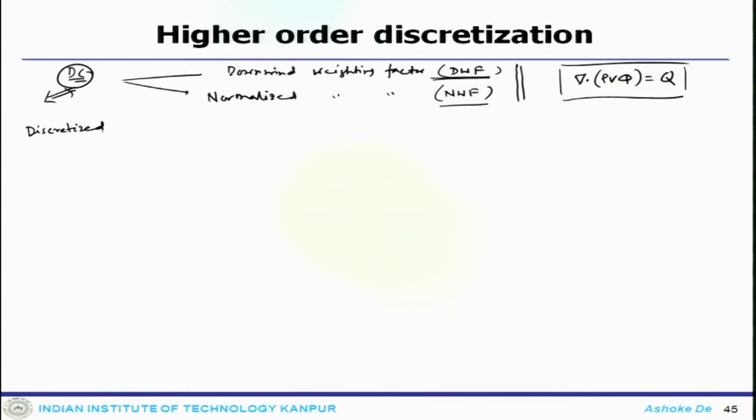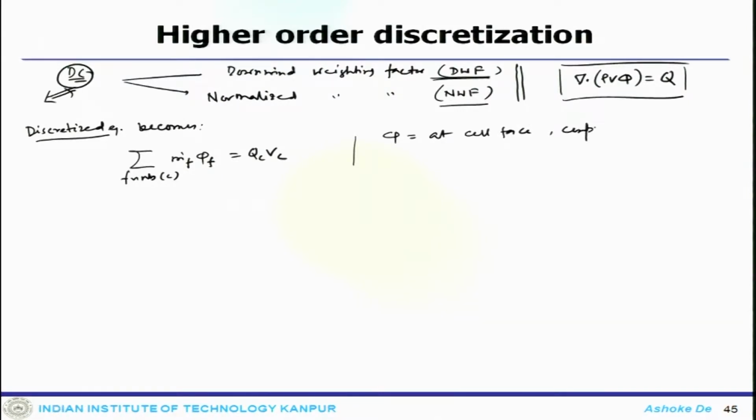Once you start with that equation, your discretized equation becomes the summation over faces f of m dot f phi f, equals Q C V C. So, these phi values are at cell faces and computed using the HR scheme.